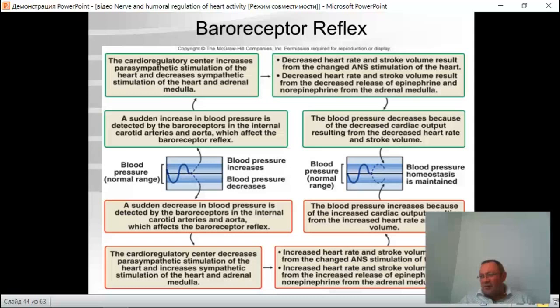As a result, blood pressure increases because of increased cardiac output resulting from the increased heart rate and stroke volume. Blood pressure homeostasis is maintained.